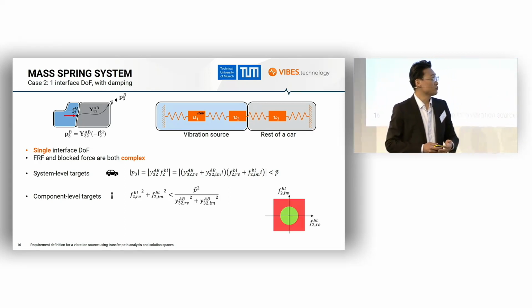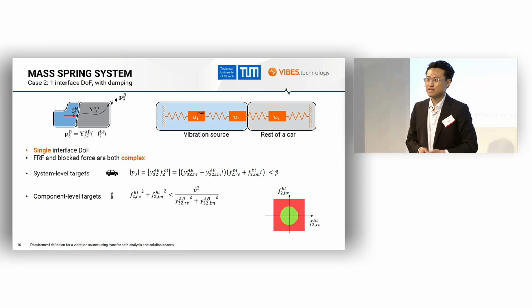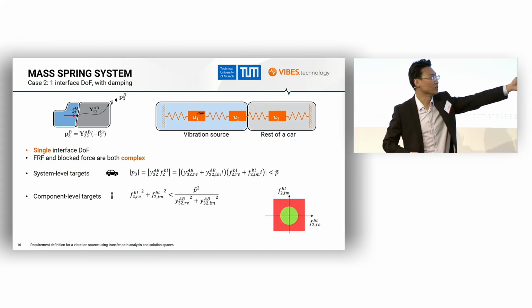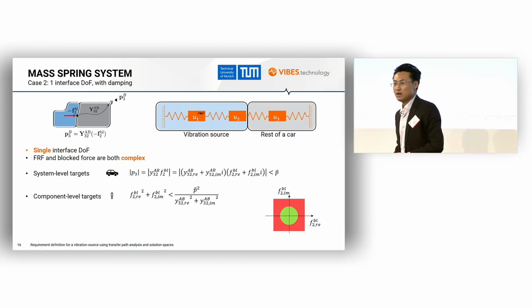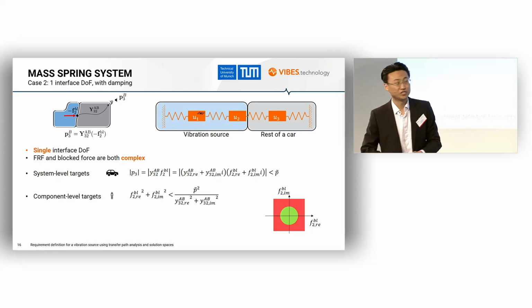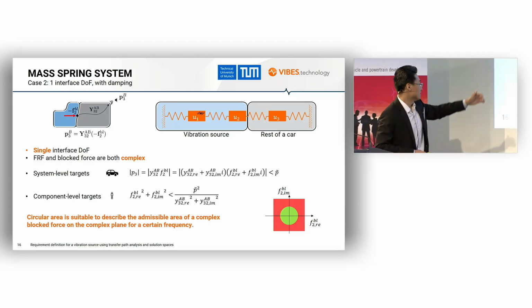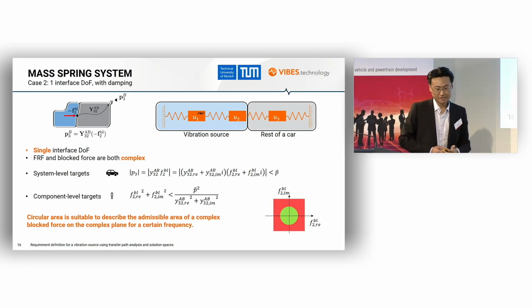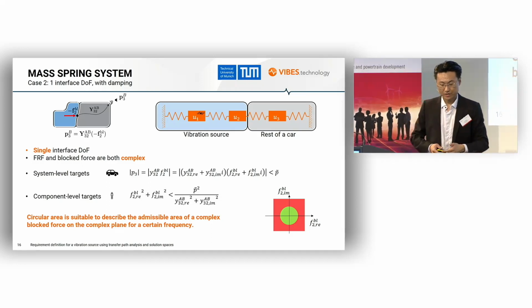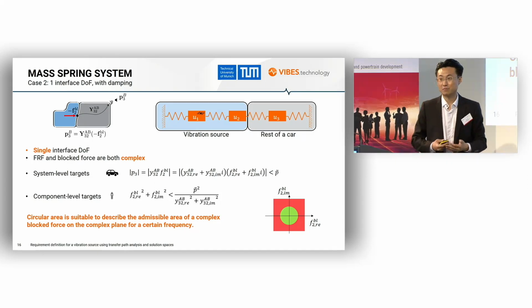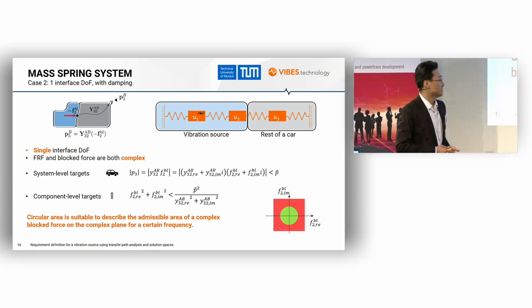It can be interpreted as a circle on the complex plane when the real and imaginary part of the block force are plotted against each other. So we concluded that a circular area is suitable to describe the admissible area of a complex block force on the complex plane for a certain frequency.